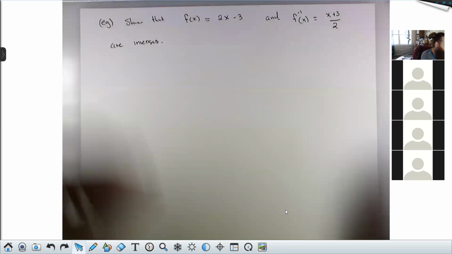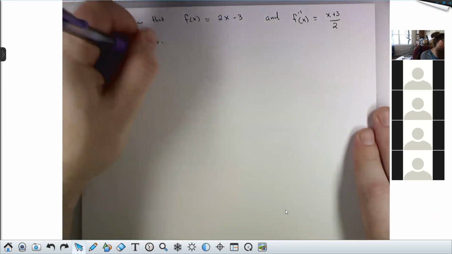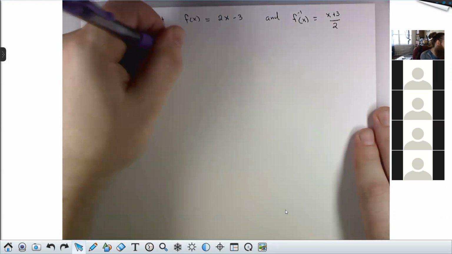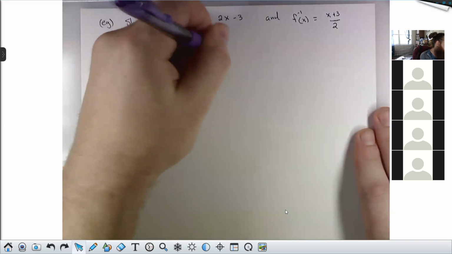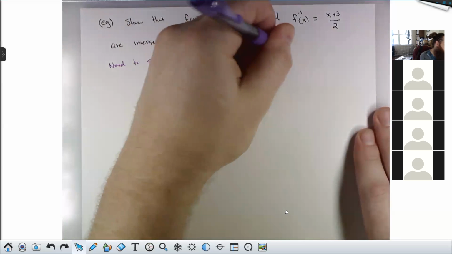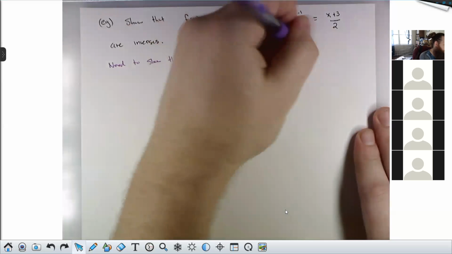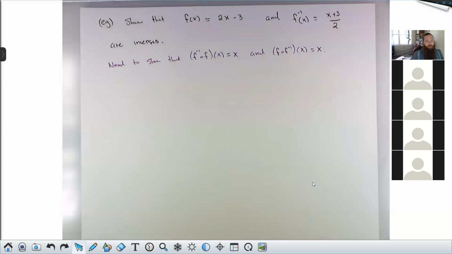What we need to do is show that f inverse of f of x simplifies to x, and f of f inverse of x simplifies to x. Right? That's how you check or verify or show that two functions are inverses. You compose them in both directions and verify that you always just get x.